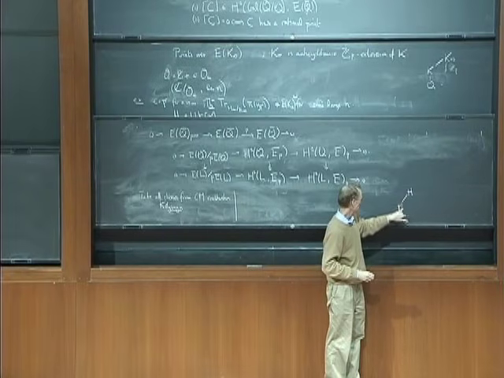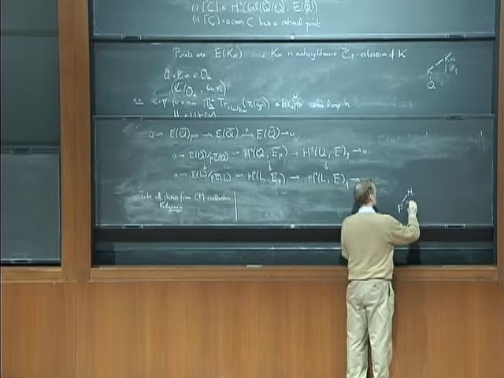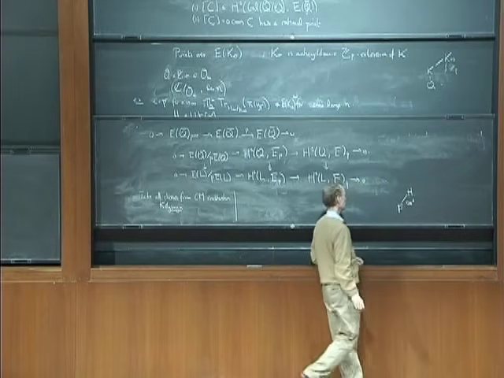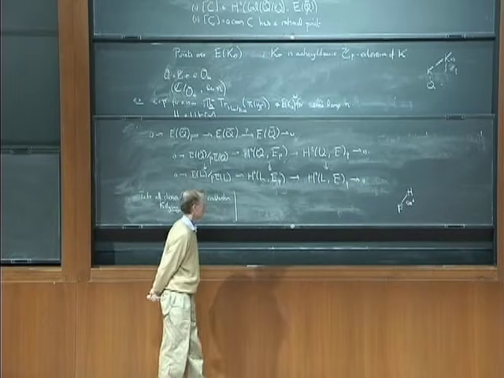So if we take the maximal unramified extension of F, how do we find it? What can we say about it?